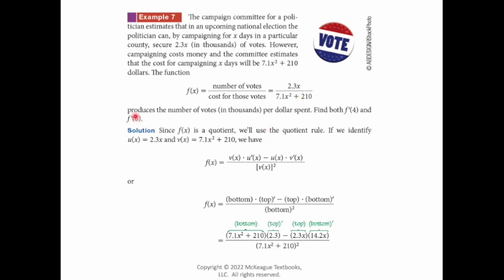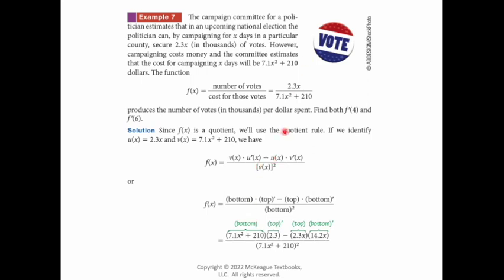So we want to find f prime of 4 and f prime of 6. So using the quotient rule, 2.3x is going to be our u, and 7.1x squared plus 210 is going to be our v.